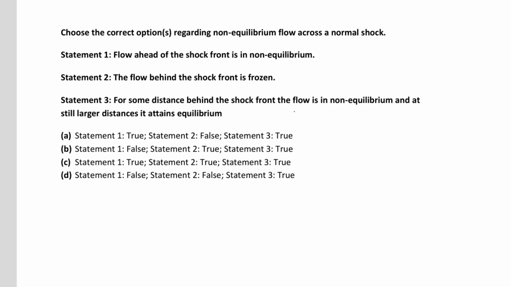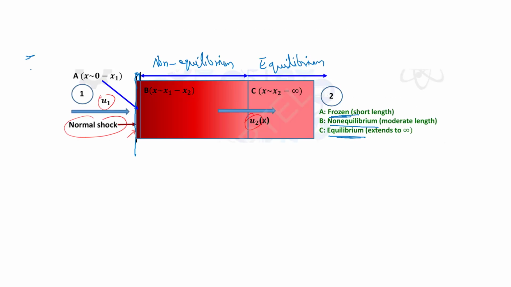So in the previous problem, if we see, statement 1: flow ahead of shock front is in non-equilibrium. This is incorrect because this flow is already in equilibrium. The equilibrium flow was coming, and after it what happens is discussed here.